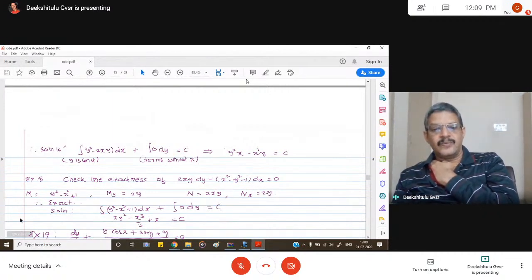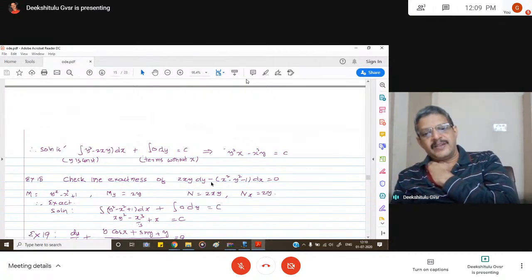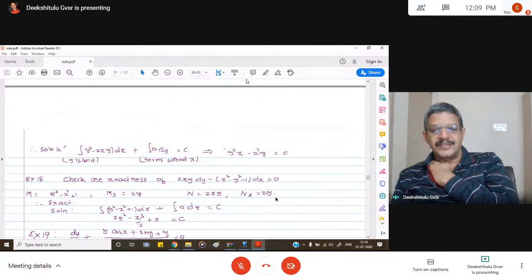So M is, if you take minus inside, y square minus x square plus 1. So dou M by dou y is 2y. And what is N? 2xy dy. So dou N by dou x is 2y. So here also 2y, here also 2y. So dou M by dou y is equal to dou N by dou x. So the equation is exact.